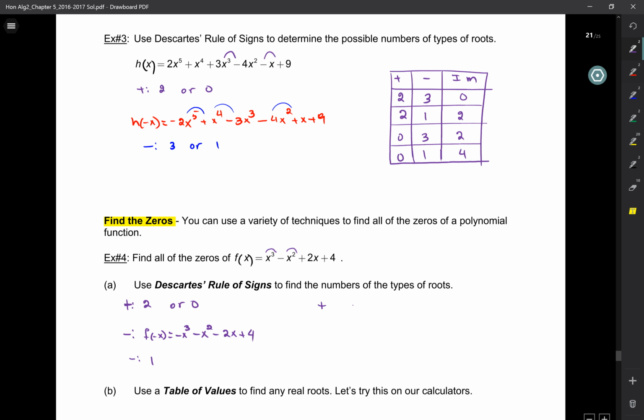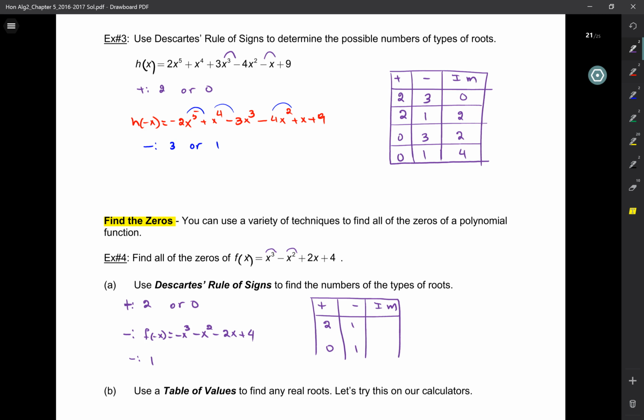So the possibility is it's either got 2 positive, 1 negative, or 0 positive, 1 negative. This is a simpler case. And in the first case, how many imaginary? 0. And in the second case, 2 imaginary. Okay?